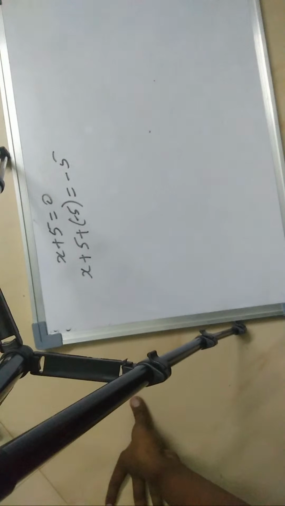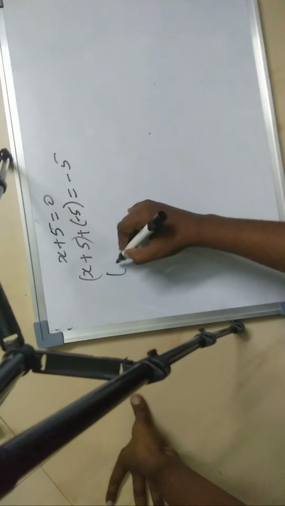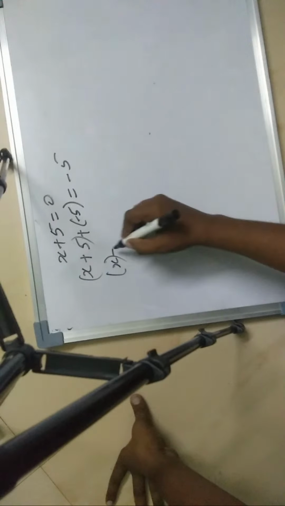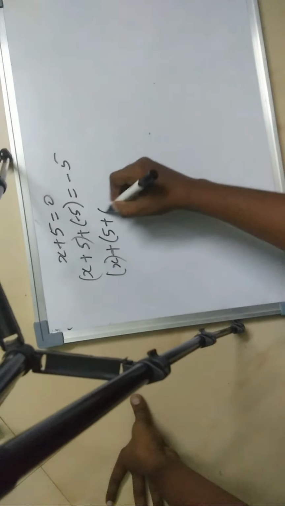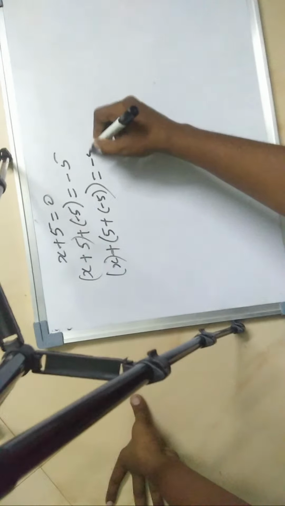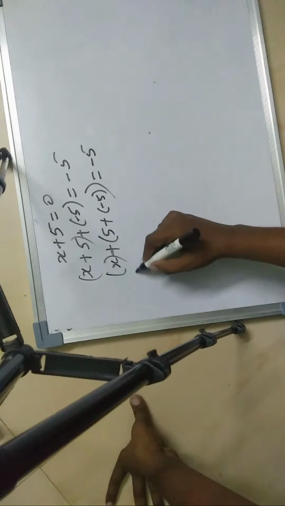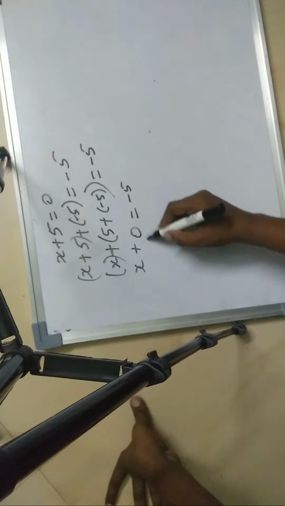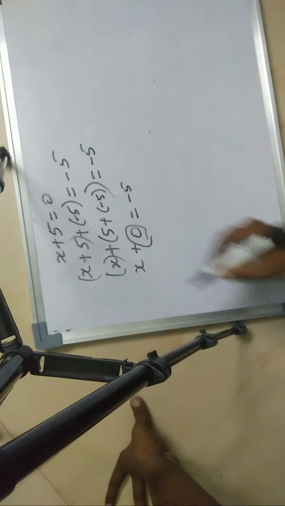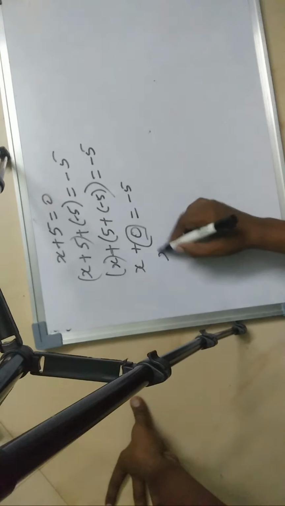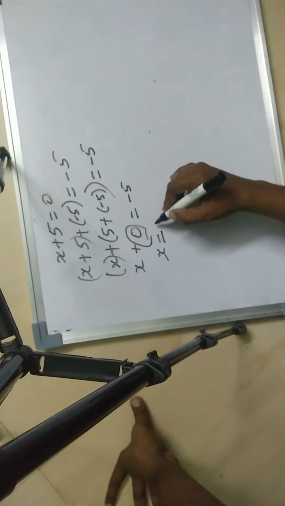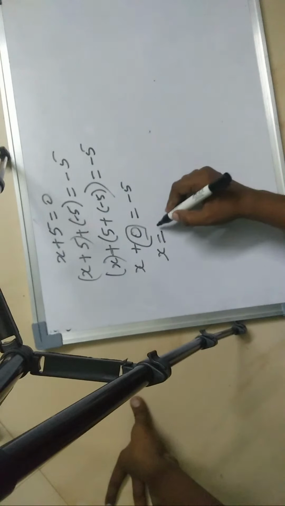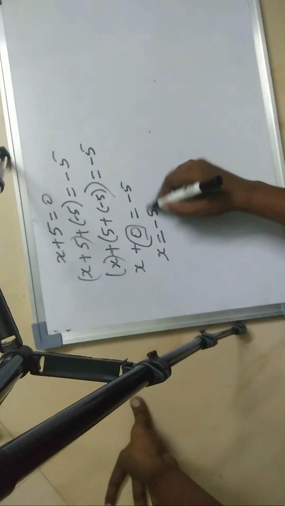Now we just switch the brackets and we got an element which when added with any x gives us back the same x. So this x plus 0 will result in x and this will be minus 4.